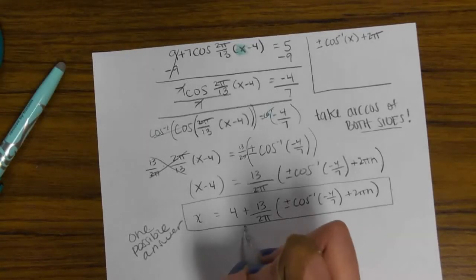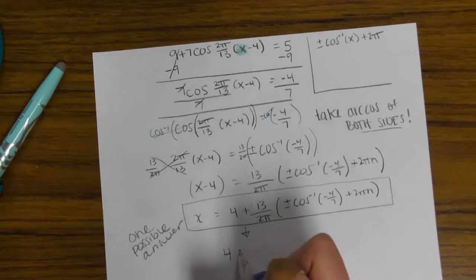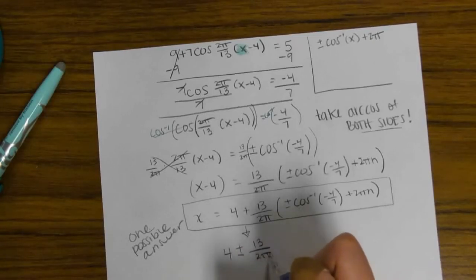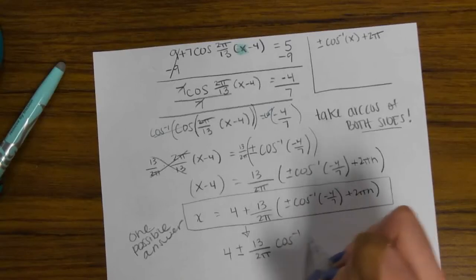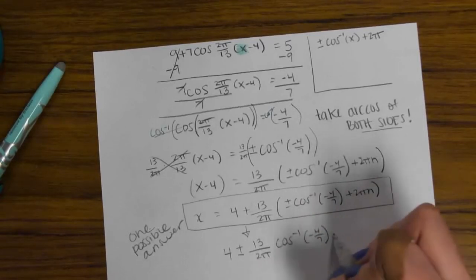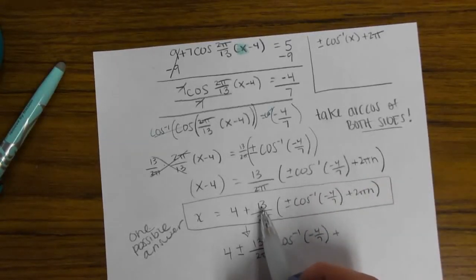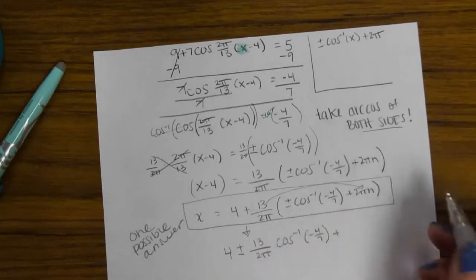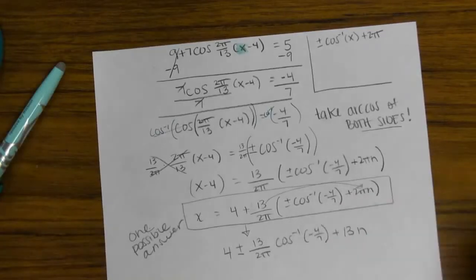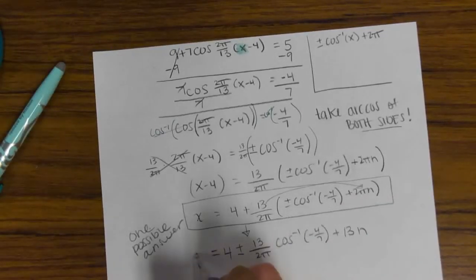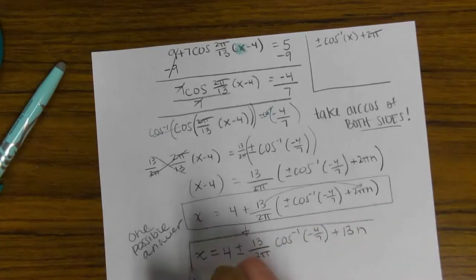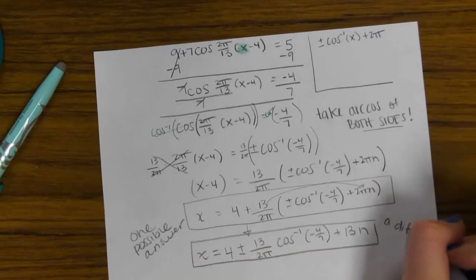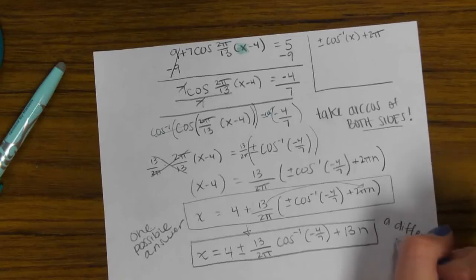And when we distribute that in, you'd have 4 plus or minus 13 over 2 pi times the arc cosine of negative 4/7 plus 13n, because when you distribute this in, the 2 pi's would cancel out, so 13n. That's one more possible answer. It just depends on if you distribute it in.